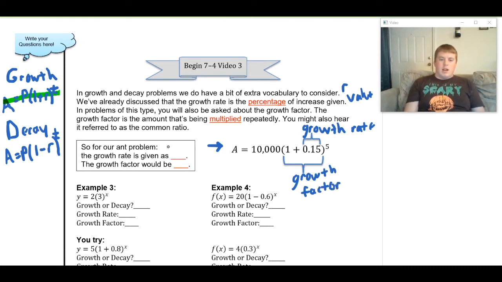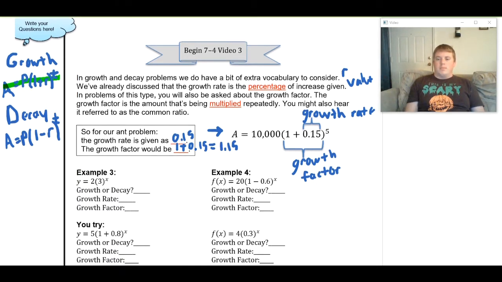So in our ant problem, the growth rate would be 0.15. The growth factor would be 1 plus 0.15, which is 1.15. Those are the differences between the growth rate and the growth factor. The growth rate is the number that we're adding or subtracting. The growth factor is that combined with the 1.